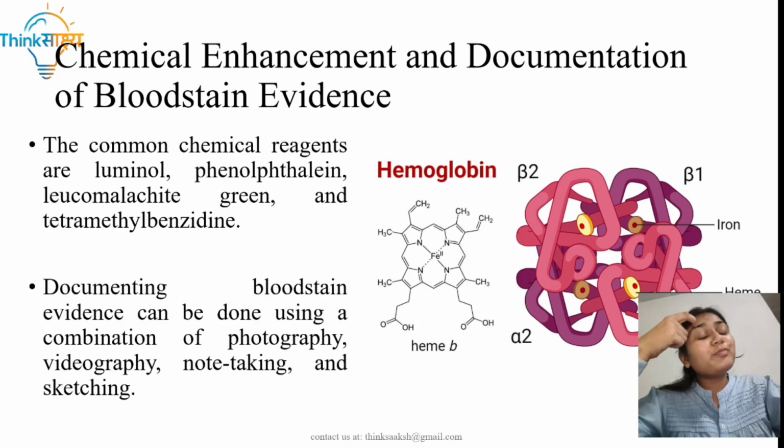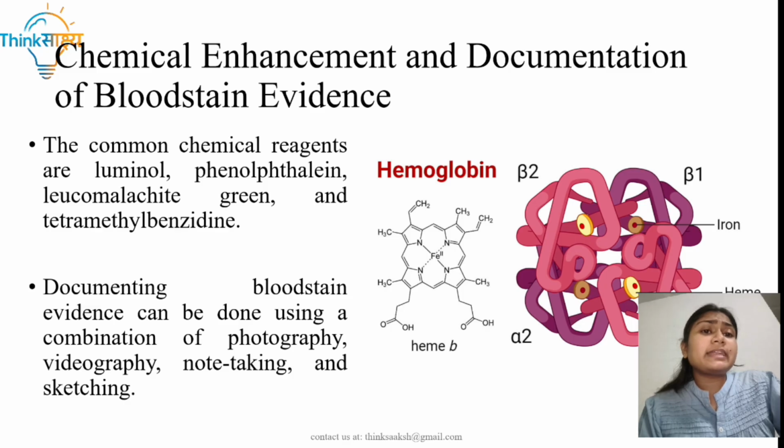So blood stains that were present but were washed by the perpetrator or the accused person to hide the evidence are called latent blood stains. And luminol is the solution that can detect these blood stains even after they are washed. Phenolphthalein, leucomalachite green, and tetramethylbenzidine are the reagents that are used for presumptive testing of blood stains.